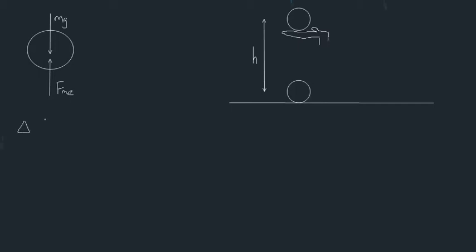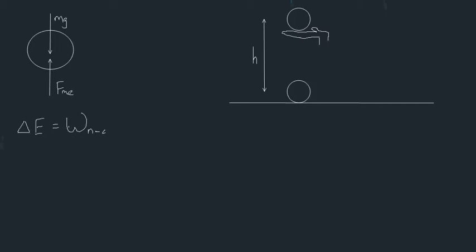Our change in mechanical energy is equal to our work done by non-conservative forces. Well, the first thing to realize is the force we're applying on the ball is a non-conservative force. If it's not gravity, it's not our elastic energy, so it must be non-conservative, and more importantly, it's path dependent.